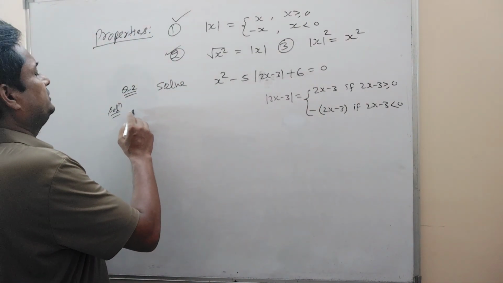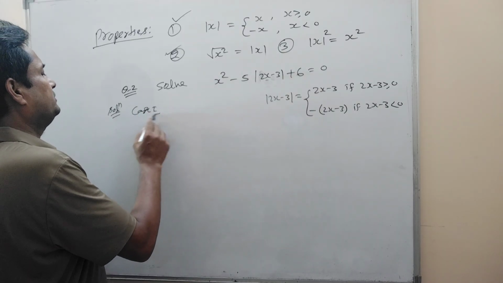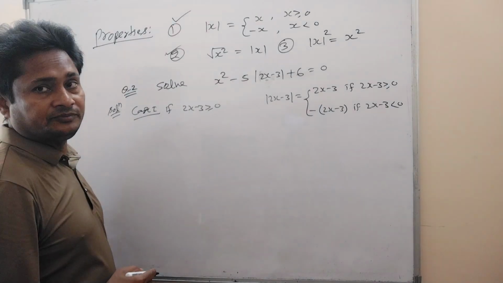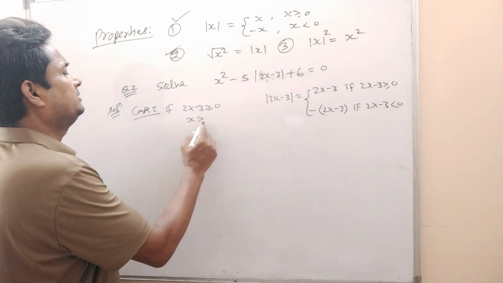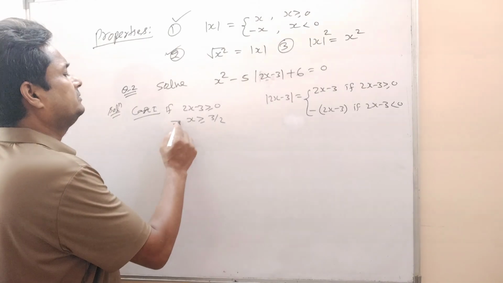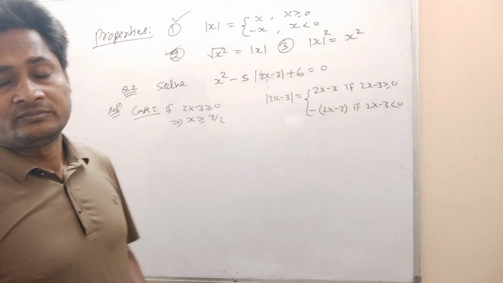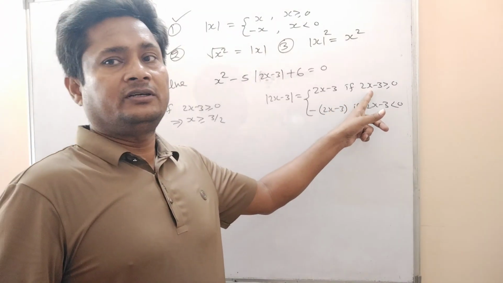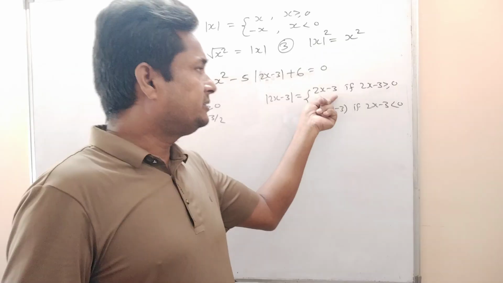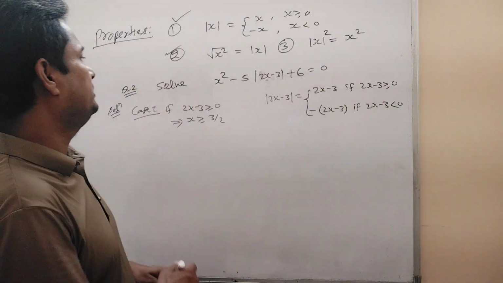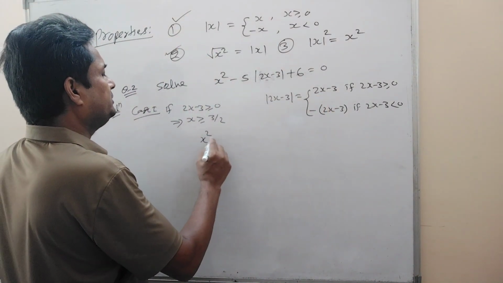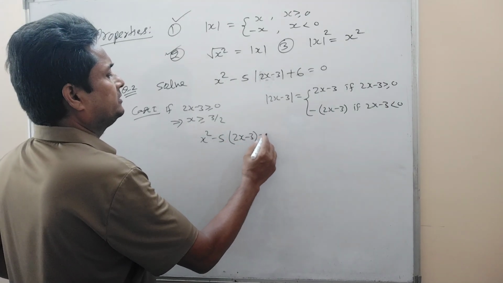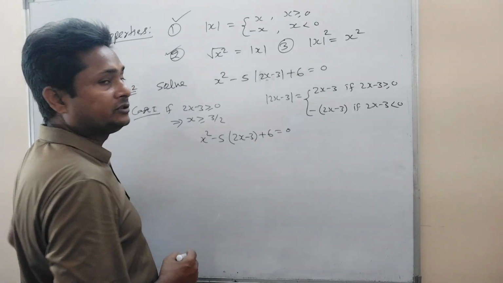So now this is case 1. If 2x minus 3 is greater than or equal to 0, that means x is greater than or equal to 3 by 2. This is the condition. If we apply this condition, then this modulus can be written like this: x square minus (2x minus 3) plus 6 is equal to 0.